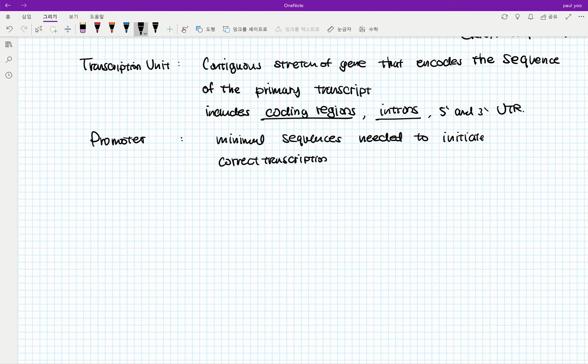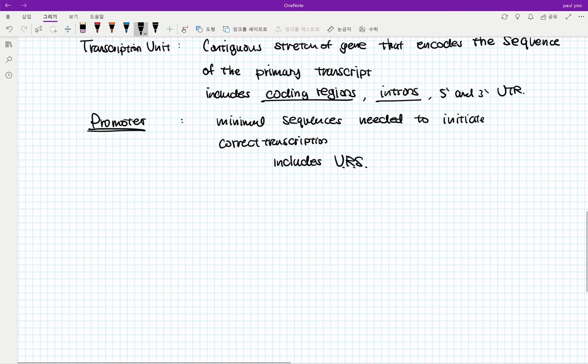Note that often use of the term promoter is meant to include upstream regulatory sequences as well. So sometimes this term promoter includes upstream regulatory sequences. Okay.